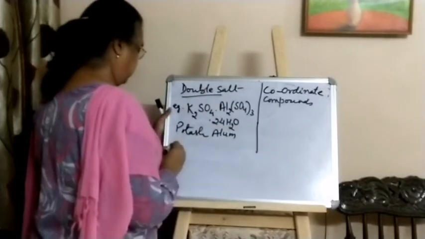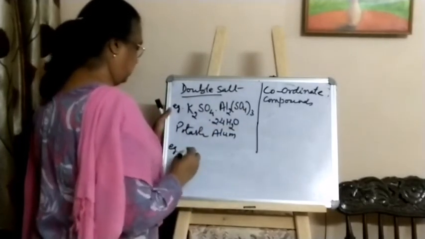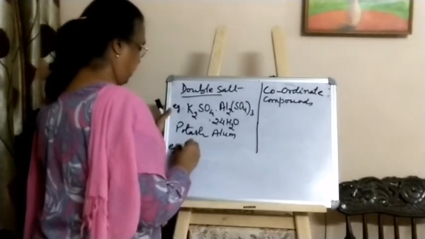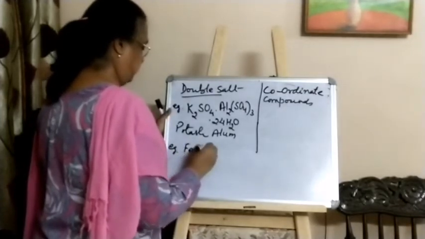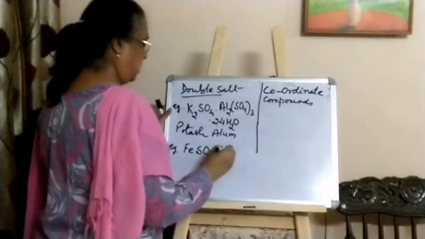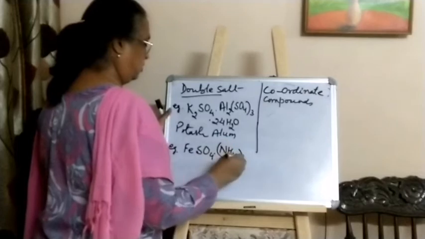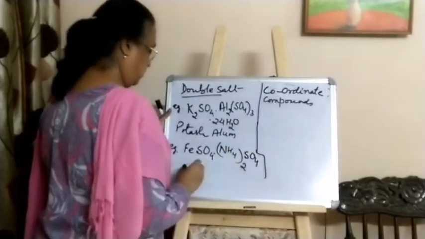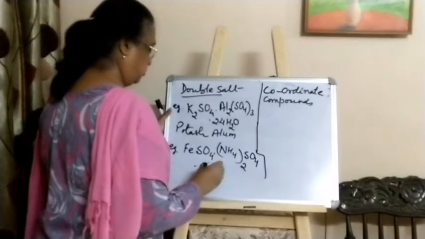And last year you have studied a compound, ferrous ammonium sulfate, FeSO4.(NH4)2SO4.6H2O.